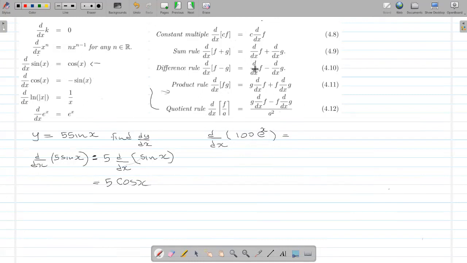But I can use this rule and pull out the constant. 100 times the derivative of e^x, no? At this step, I am just pulling out the constant. I haven't differentiated.